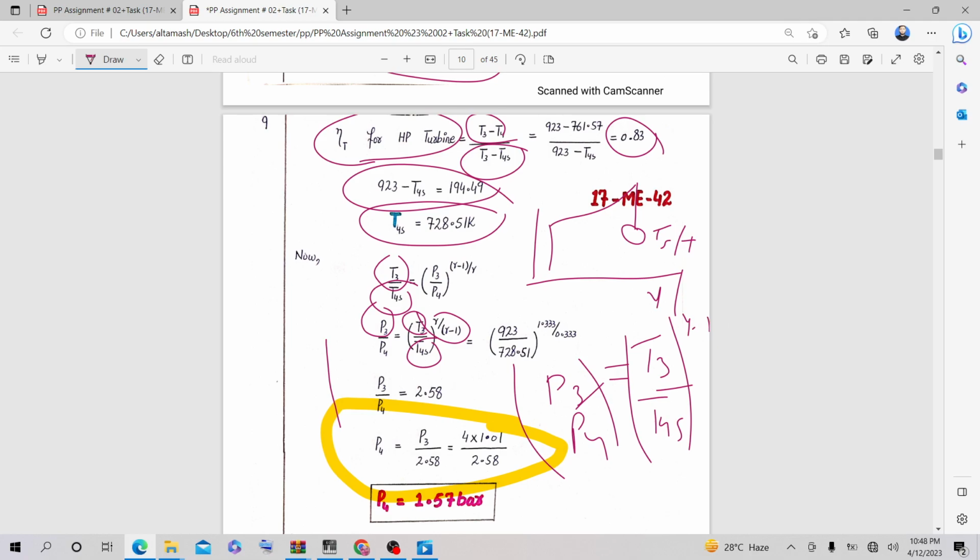So P3 by P4 is equal to (923 by 728.51) to the power 1.33 divided by 0.33. We will just plug in the values. So P3 by P4 is equal to 2.58, and P4 is equal to 1.57 bar.